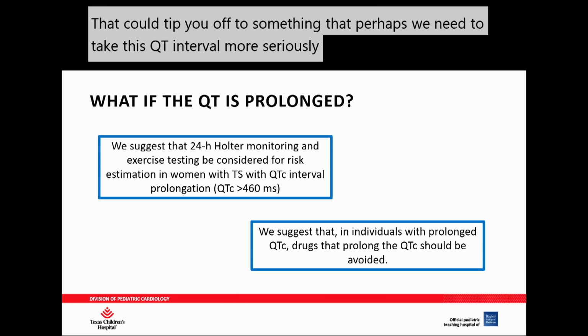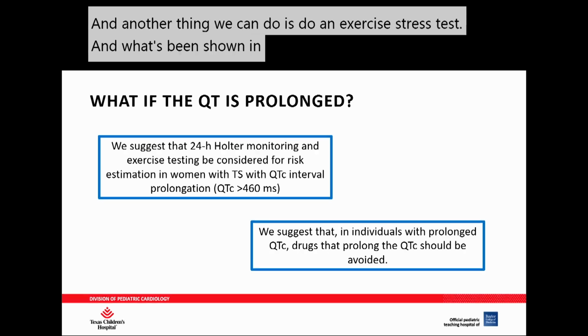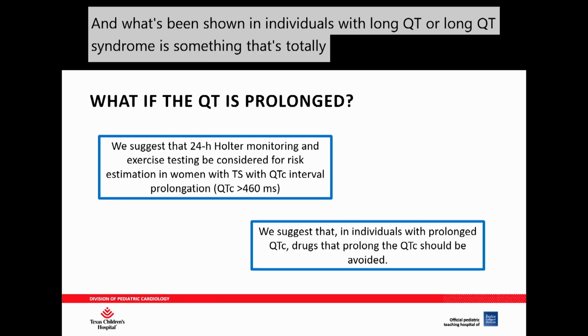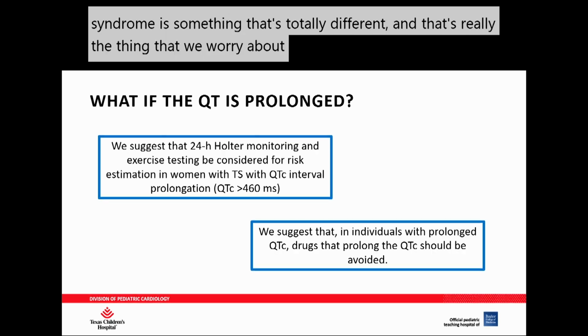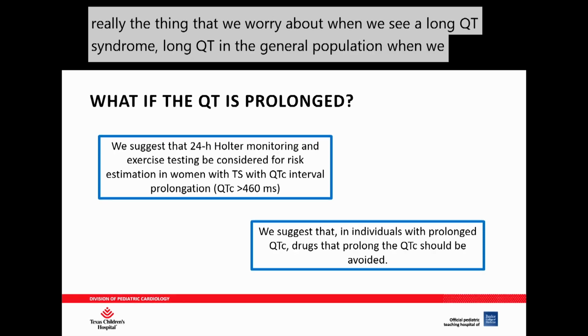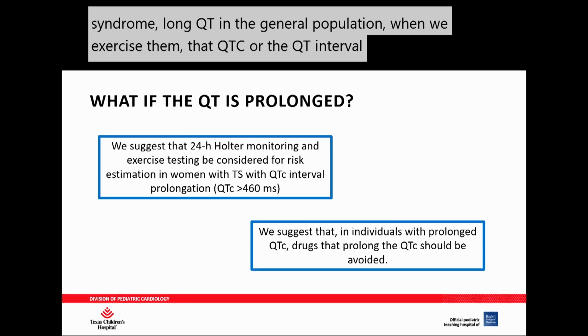Another thing we can do is an exercise stress test. What's been shown in individuals with long QT syndrome, which is something totally different and really the thing that we worry about when we see a long QT in the general population, is that when we exercise them, that QTc, or QT interval, stays prolonged.